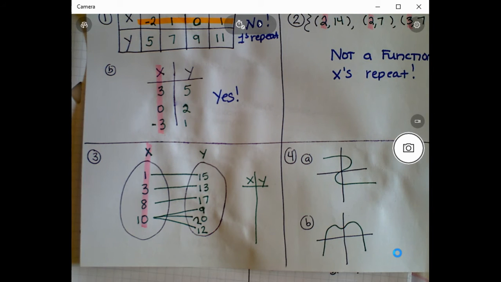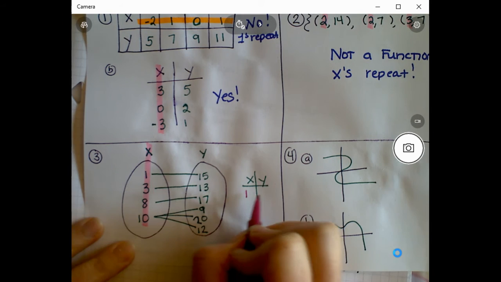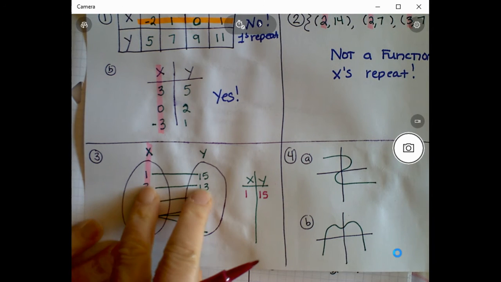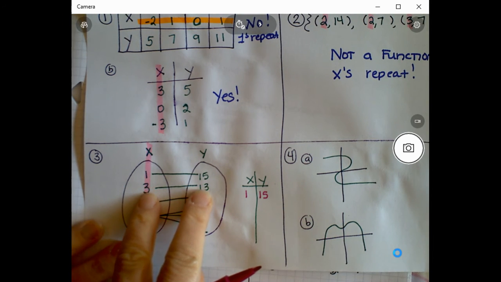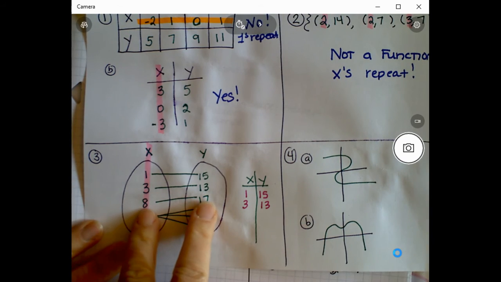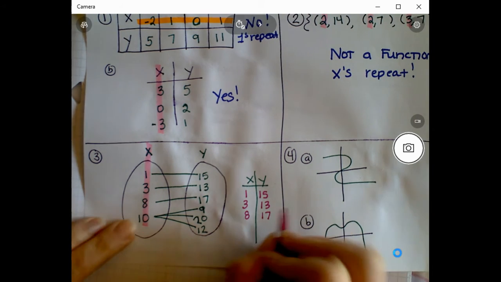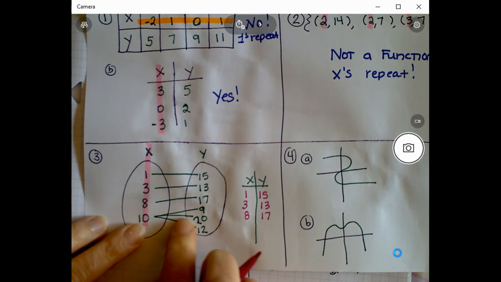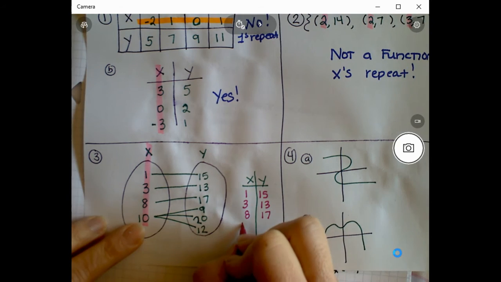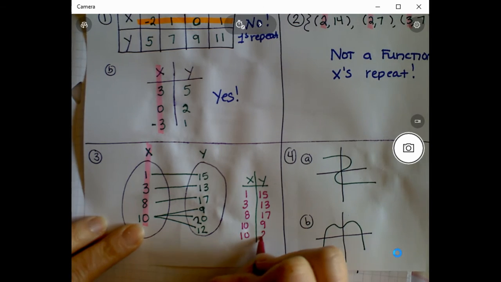Okay, so when x is 1, y is 15. Do you see how those go together? When x is 3, y is 13. When x is 8, y is 17. When x is 10, y is 9. But it's also 20.